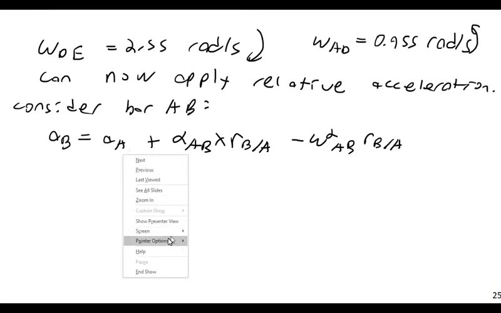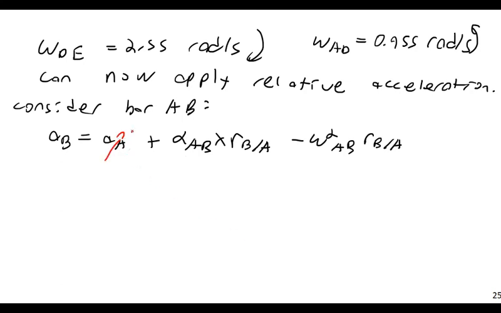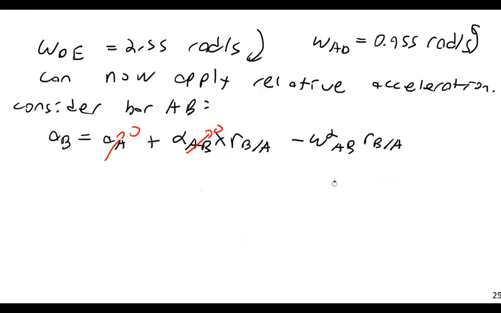A few of these things are going to be 0. A_A is 0, there's no translation. And alpha AB is also 0 because bar AB is moving at a constant angular velocity. So the only acceleration will be from the centripetal acceleration.